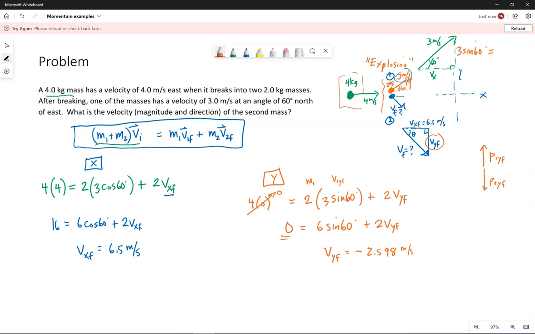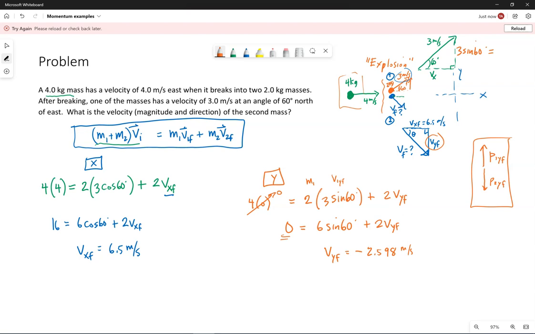And because they have the same masses, then they're going to have the same y components of velocity. If they didn't have the same mass, the momentum would still balance, but they would not have the same velocity. So it's the momentum specifically that's balancing out.